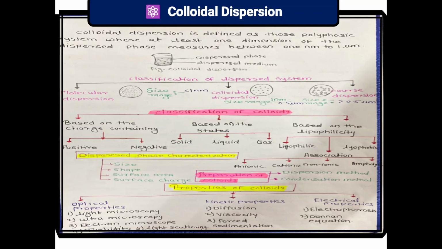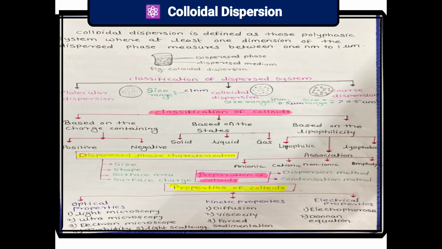Classification of colloids: based on charge, positive and negative; based on state, solid, liquid and gas; and based on affinity, lyophilic, lyophobic and association, meaning water loving, water hating, and association, both lipophilic as well as hydrophilic. Association colloids are anionic, cationic, non-ionic and amphoteric.